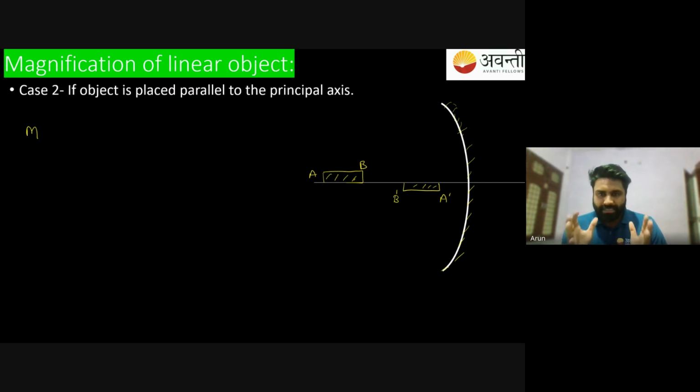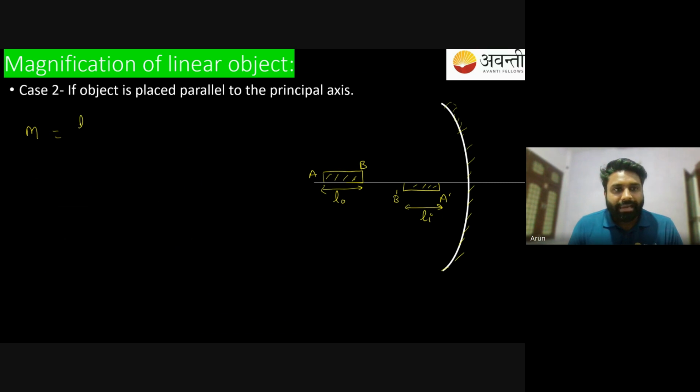It depends on the size of the object, but here the height is not mentioned, only the length of object and length of image are mentioned. So we would consider length of image and length of object. So M is nothing but the length of image to the length of object, which is also equal to, because length of image is measured in negative direction and length of object is measured in the positive direction, so we can consider it as alignment.